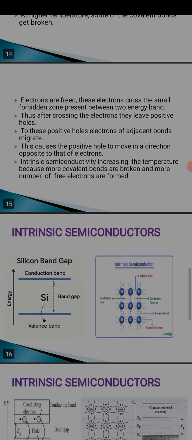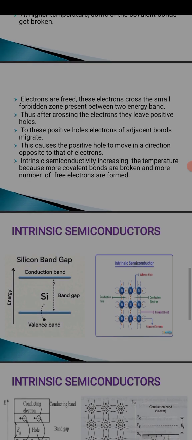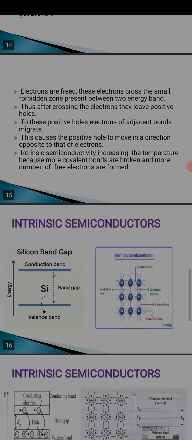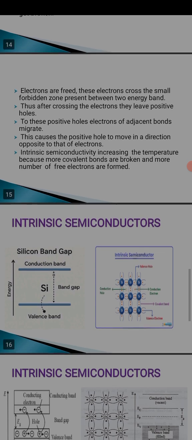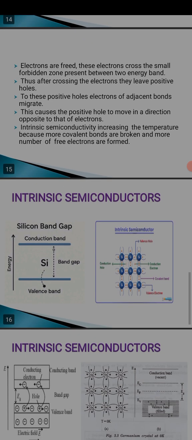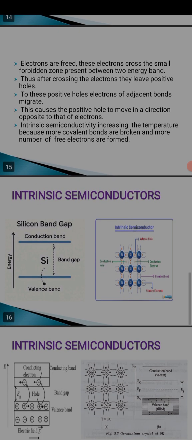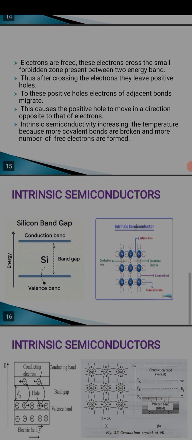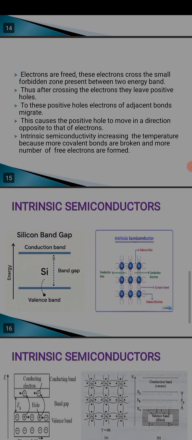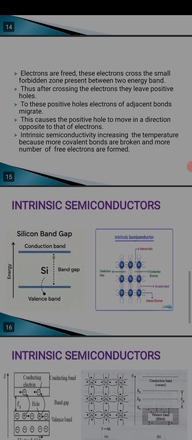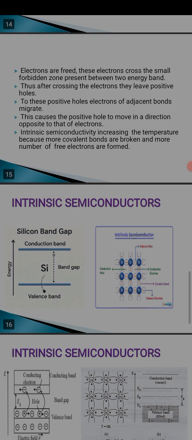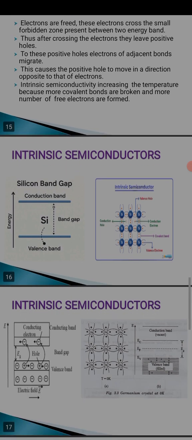Thus, after crossing, the electrons leave positive holes. To these positive holes, electrons of adjacent bonds migrate. This causes the positive hole to move in a direction opposite to that of electrons. Intrinsic semiconductivity increases with temperature because more covalent bonds are broken and a greater number of free electrons are formed.